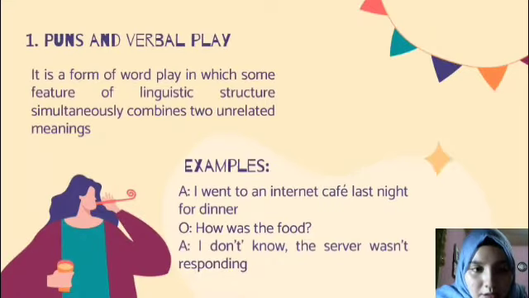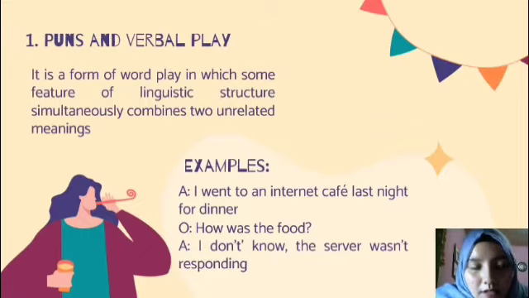So, the commonly used stylistic devices for humor, first, is puns and verbal play. It is a form of word play in which some feature of linguistic structure simultaneously combines two unrelated meanings. So basically, puns are words that sound alike but have different meanings. Like in this example, in the dialogue, an internet cafe is basically a cyber cafe as we know.